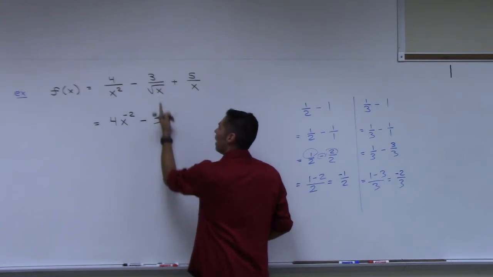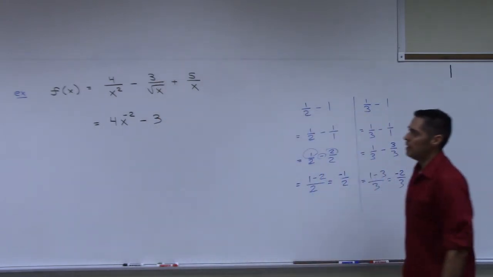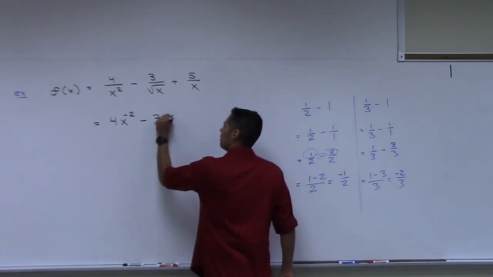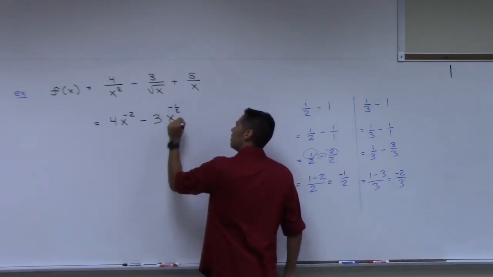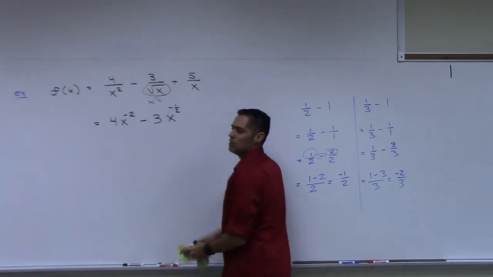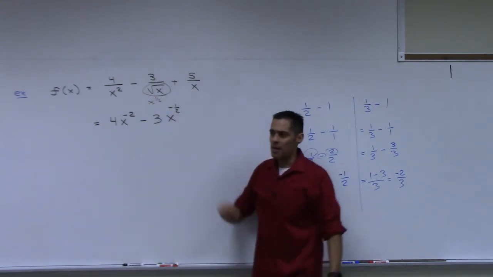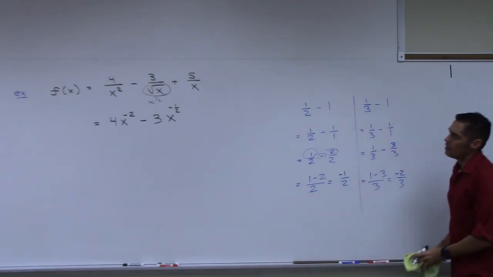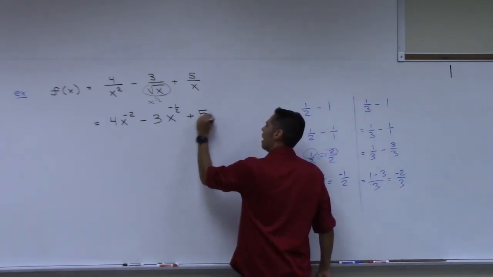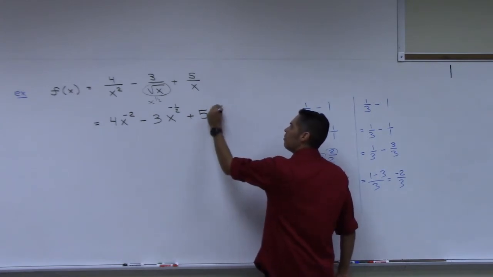If I bring that root x up, what's it going to be? X to the negative 1/2. Good. Just remember, this down here was x to the 1/2, but then you brought it up, so it became negative 1/2. And then what about this last one? Plus 5, x to what power? Negative 1.